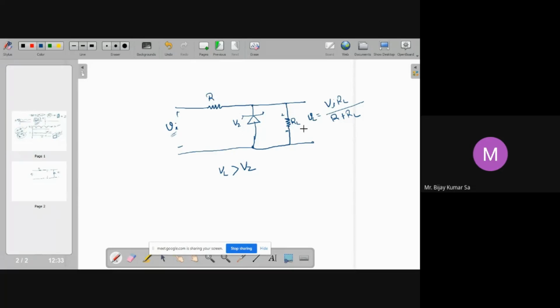If VL is greater than Vz, the zener diode will be pushed to the breakdown region. In that case, the zener breakdown will be getting on in the reverse region. If the zener diode is pushed to the zener breakdown region, we say that the zener diode has been on in the reverse direction. We can say so.